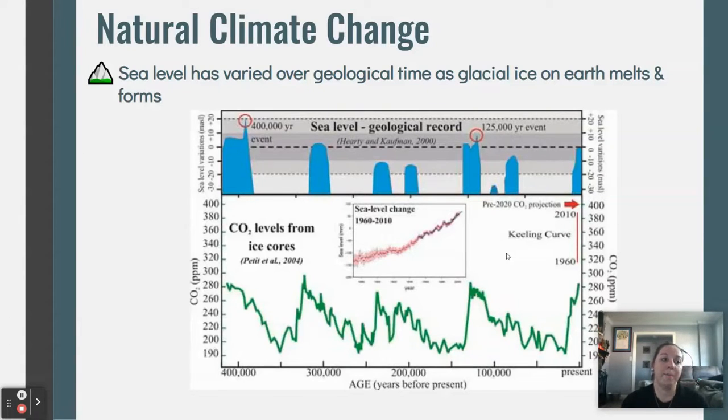Remember, we said a positive feedback loop is the result of one process causing the process to continue onward. So the ocean gets warmer, can't hold as much carbon dioxide, more carbon dioxide is released, it gets even warmer, the ice melts, the amount of water in the ocean increases, and it just creates this loop that just goes and goes and goes.